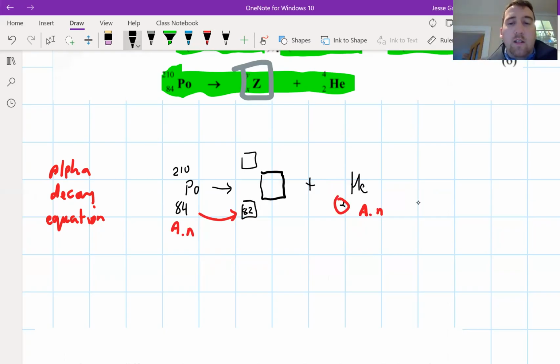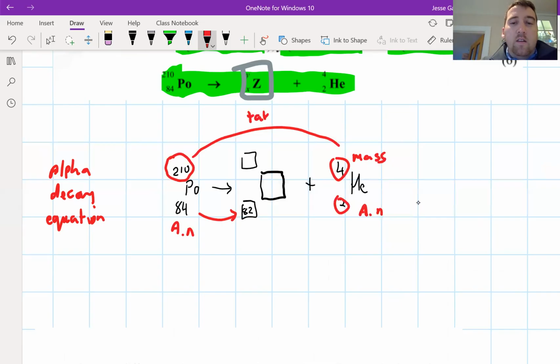And the reason why it lost a mass of 4 is because there were 2 protons and 2 neutrons. So this is the mass of the original. This is the mass that's now missing. So here we're going to have to take away. I mean, this stuff is really easy for us if we practice a few of these. 210, take away 4. We now have 206 left as the mass.